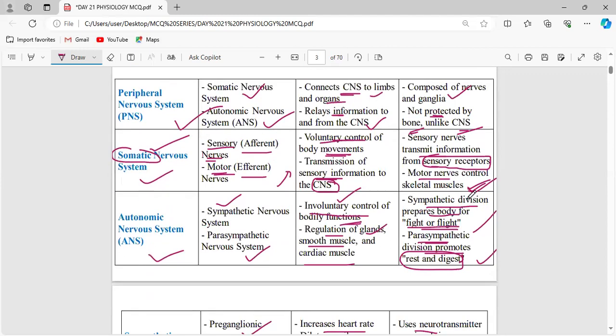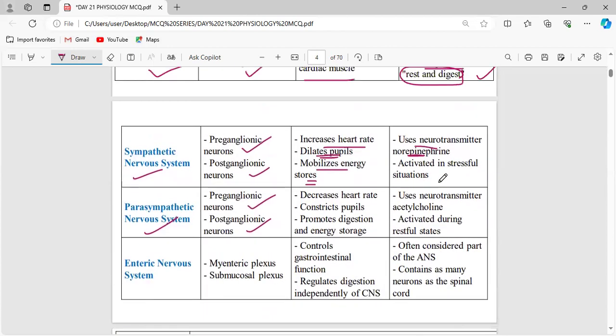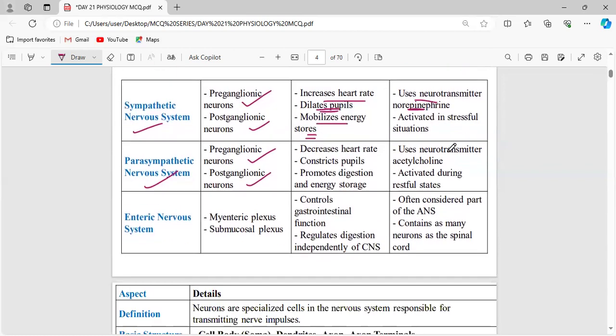See, the sympathetic division prepares the body for fight or flight. Okay, adrenaline, particularly norepinephrine, will be completely under the control of the sympathetic nervous system, and it is activated in stressful conditions. This can be asked in the question: which nervous system will be activated in stressful conditions and which in restful states?